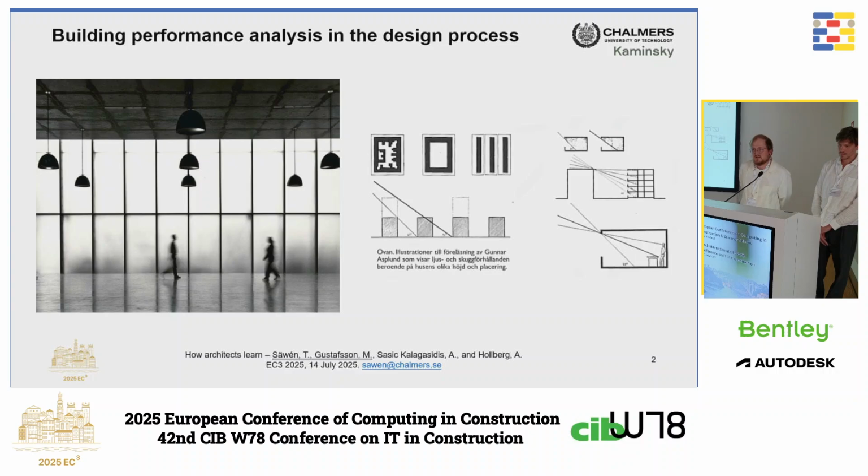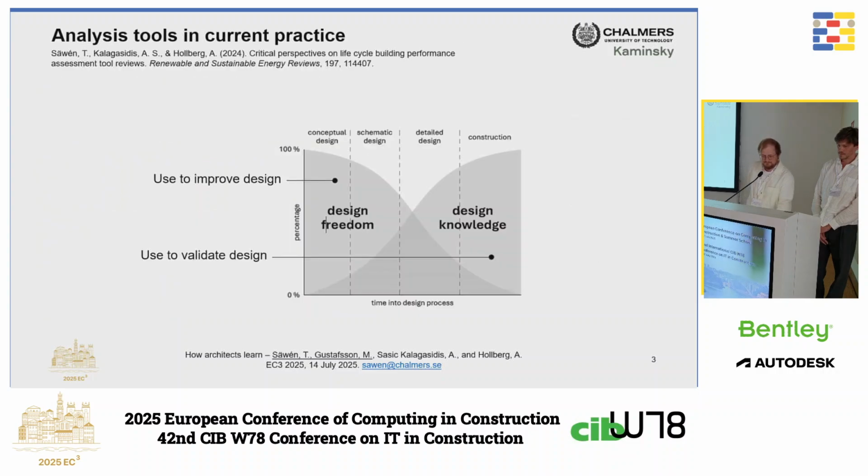And then what's growing in use in the last few decades is the use of quantitative tools, which can help understand if the daylight is acceptable for a given design. And then the question becomes how these tools can come in to inform the decision-making during the design process. What we mostly see in the current design practice is that quantitative tools are used to validate the design once it's already been completed.